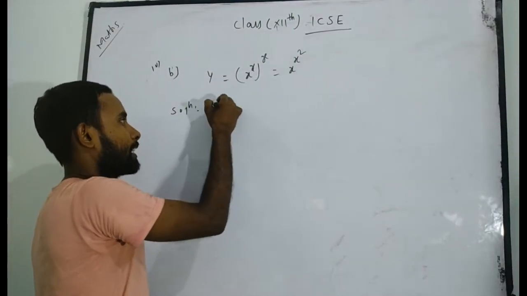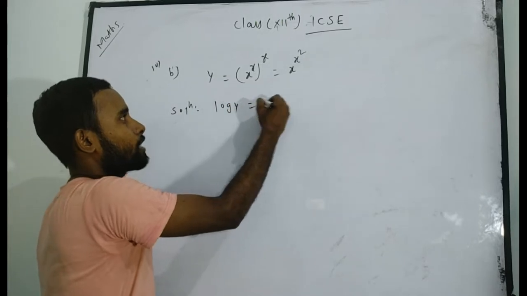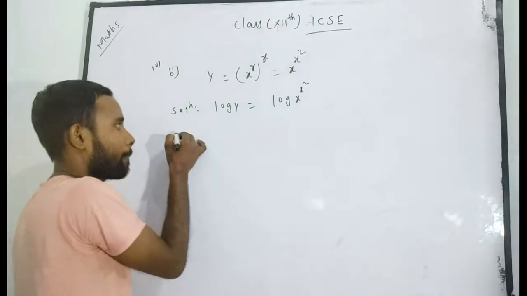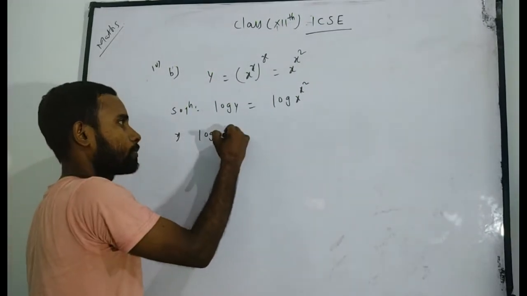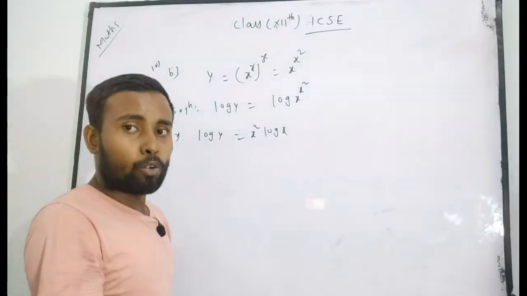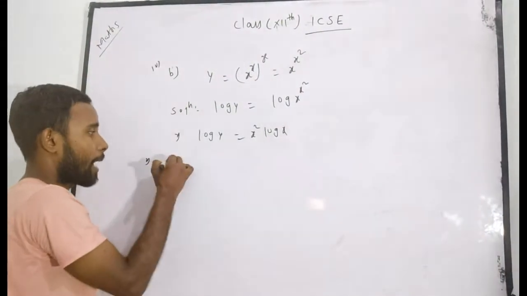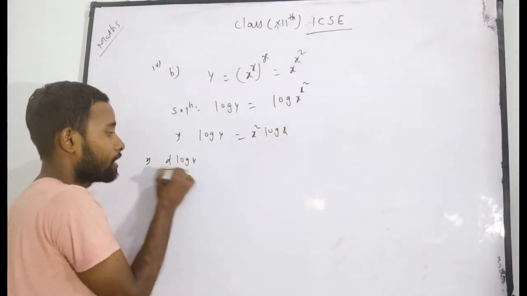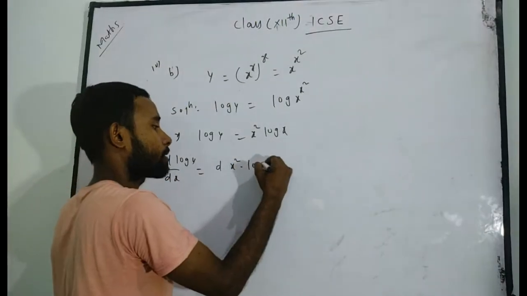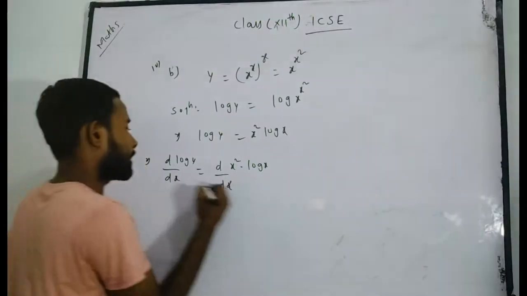Taking log on both sides, you will get log y is equal to log x to the power x square. That implies log y is equal to x square into log x. Now you have to differentiate on both sides with respect to x. After differentiating on both sides, you will get d(log y)/dx, which will be the derivative of x square into log x with respect to x.